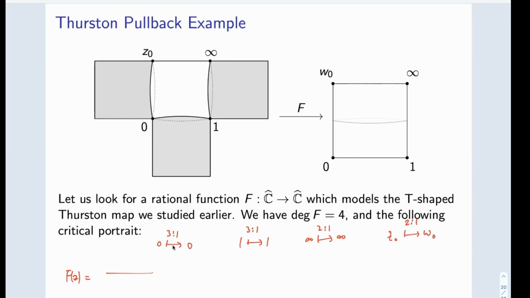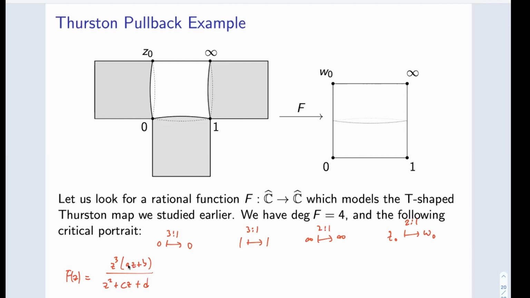And I can also very easily use the information about the degree of 0 as my critical point. Since 0 is a critical point of degree 3, I actually get a z cubed upstairs. All right, and since I know that the numerator is supposed to be in total degree 4, that means I only have a linear term left over here. Right, and then I guess we can assume that we have some arbitrary quadratic downstairs.